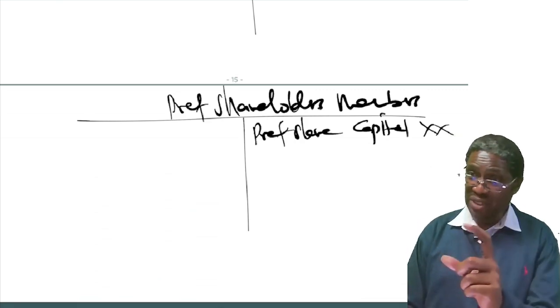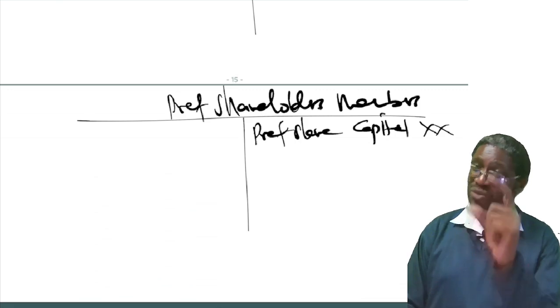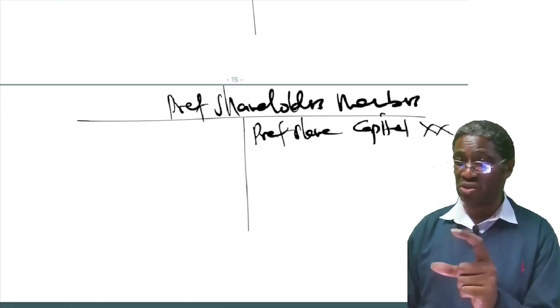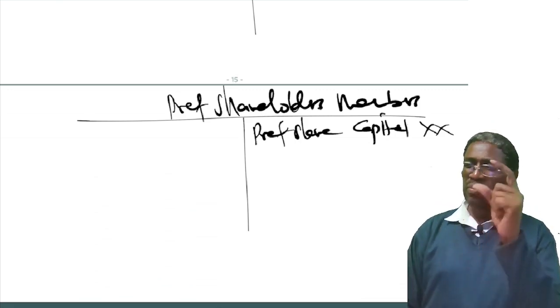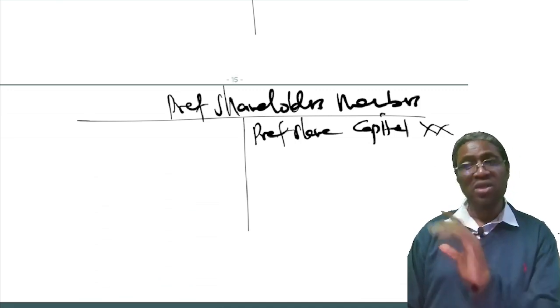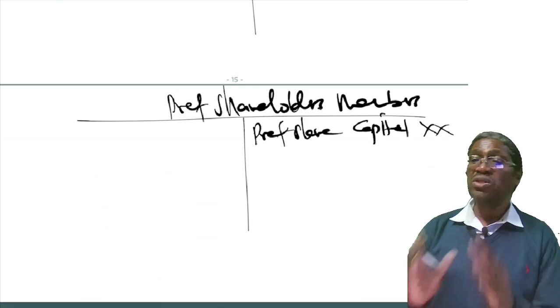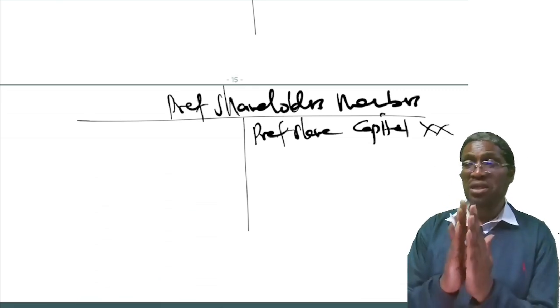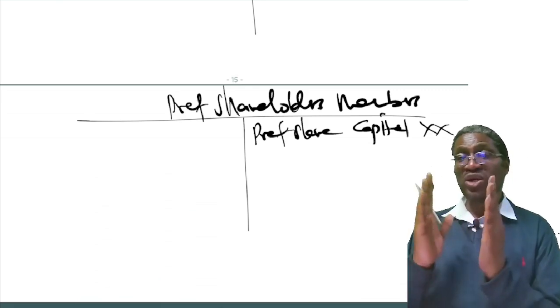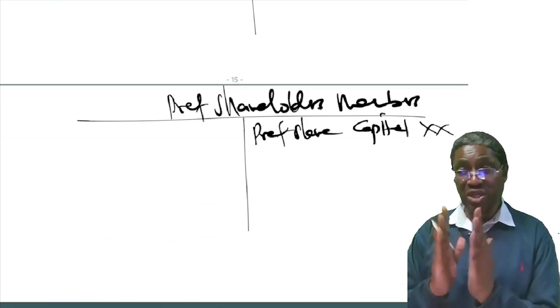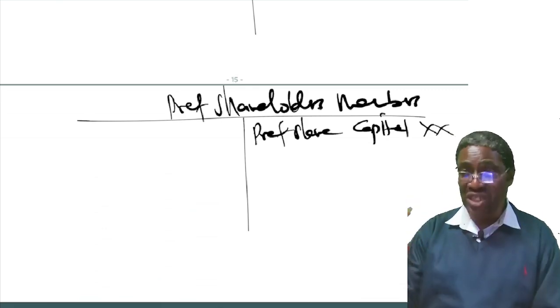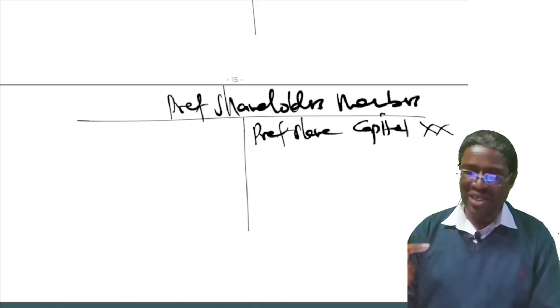You remember when we were doing internal reconstruction that preference dividends in arrears don't appear in the balance sheet. We consider them as a contingent liability.